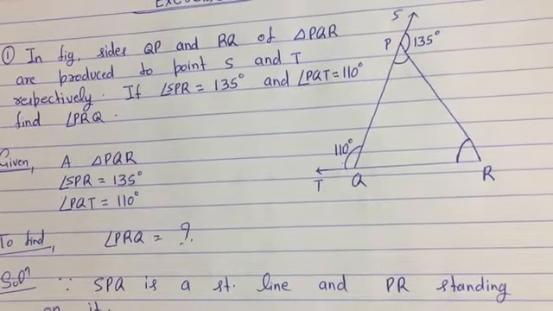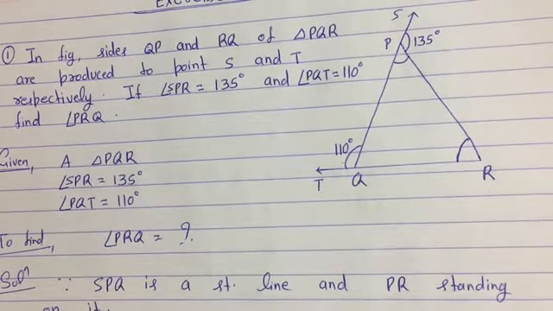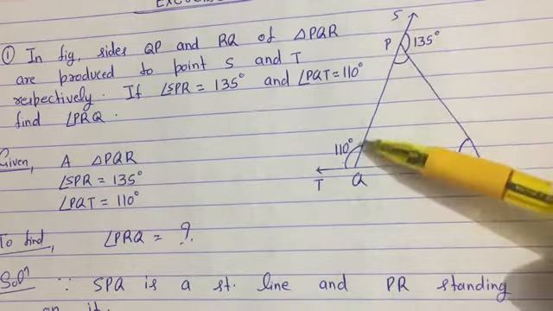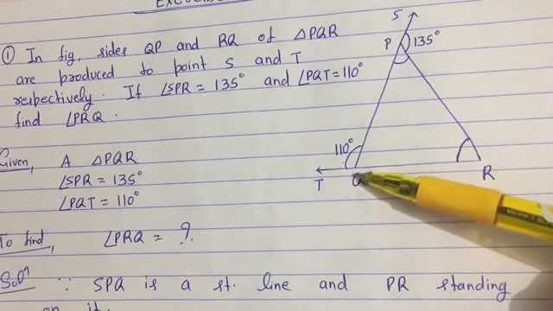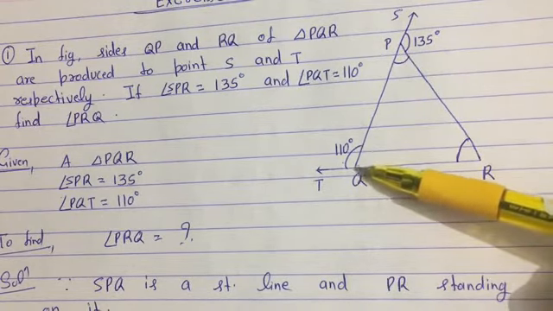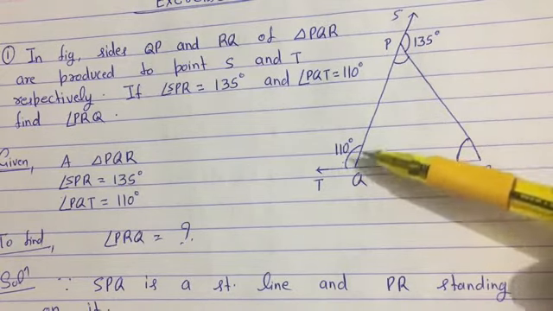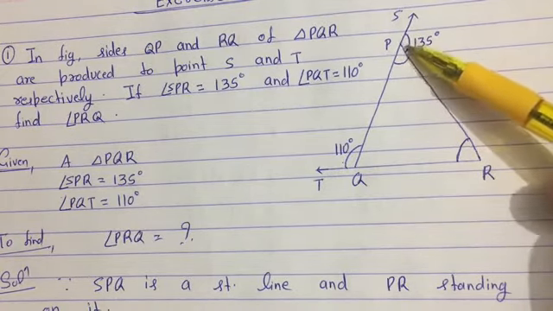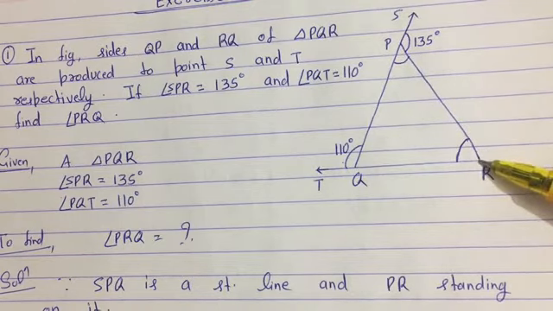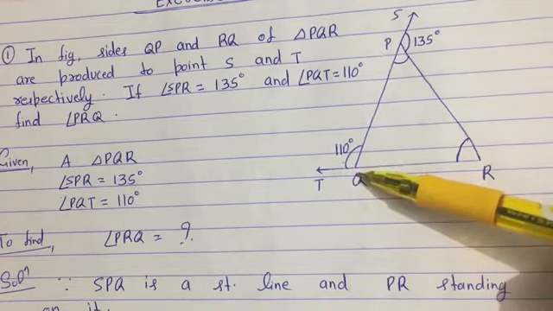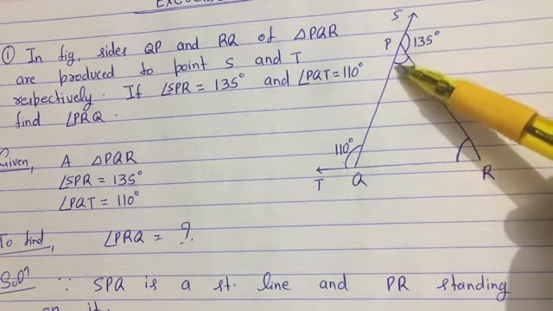Here, if you look in the figure, this SPQ is a straight line, okay, because when we produce QP up to S, it means it is a straight line, and this PR is like a ray standing on the straight line SPQ, meaning this angle and this angle form a linear pair.